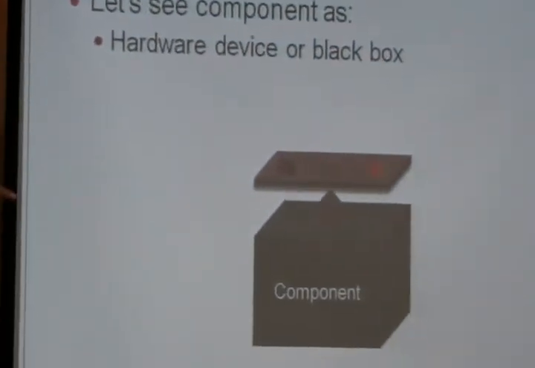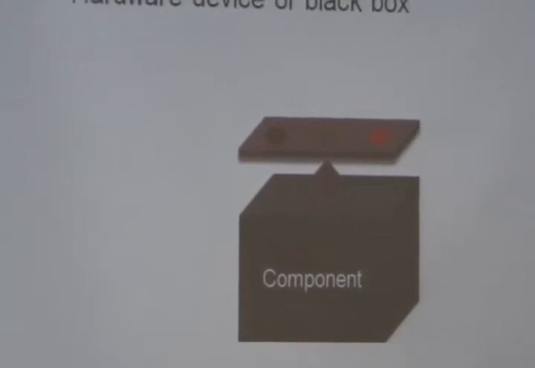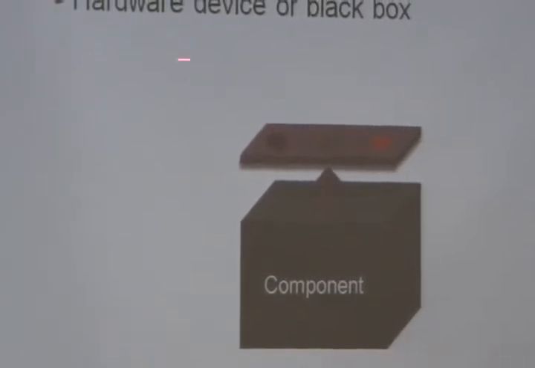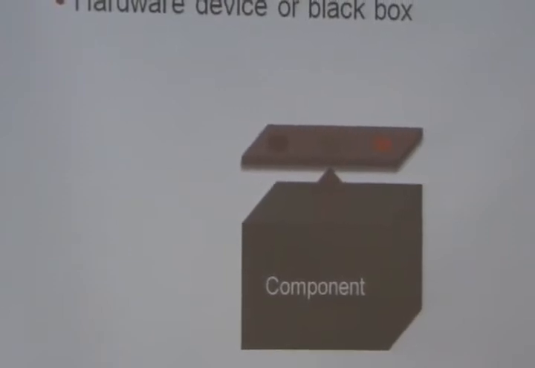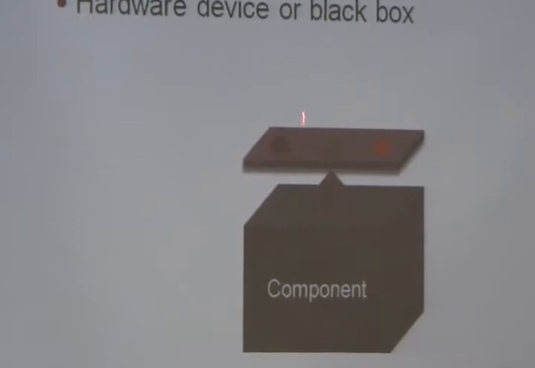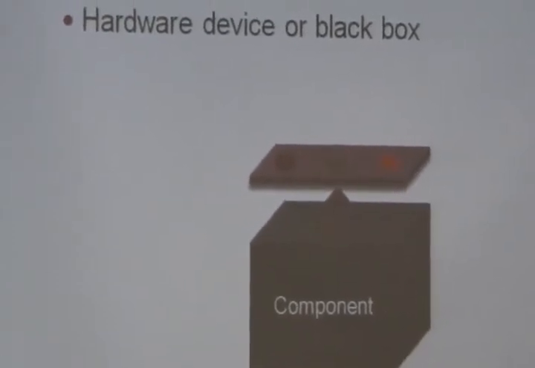Each button has a function, maximum or minimum or a lot of functions. So you don't need to see inside. You don't need to know what is inside. You just know the outside function. I want to push this button, and I want to know what function this button has.